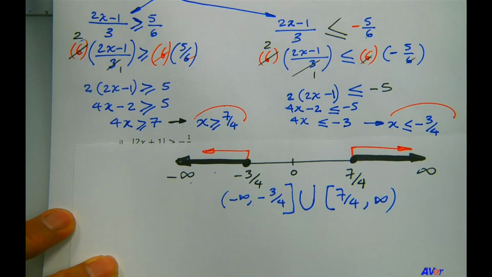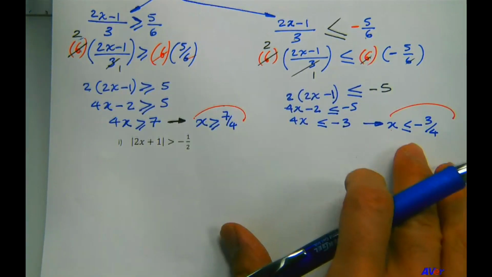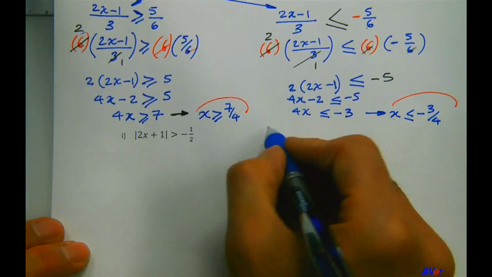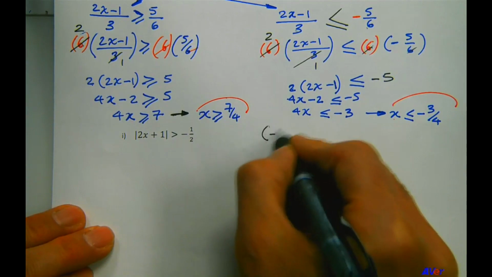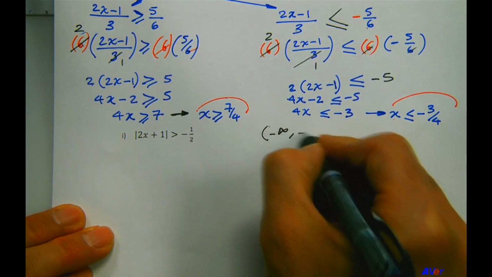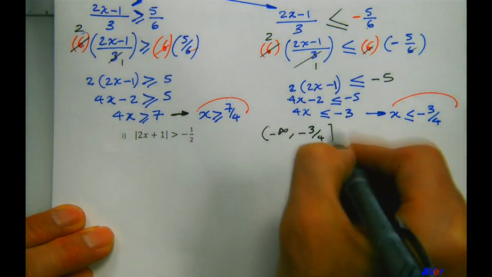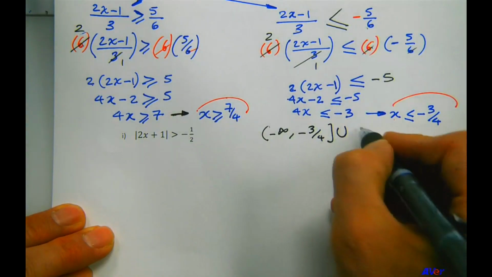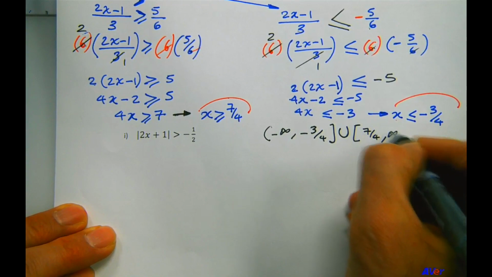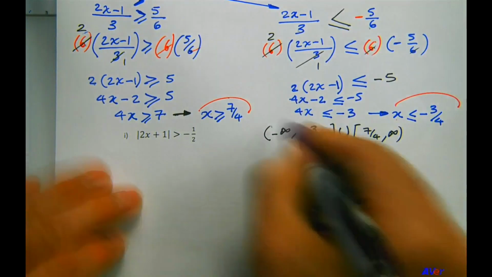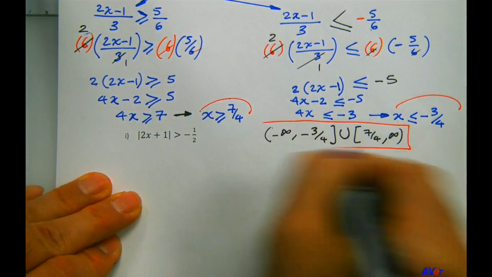All right, so let me write that here. We have minus infinity to minus 3/4 bracket union bracket 7/4 to infinity. Like that.